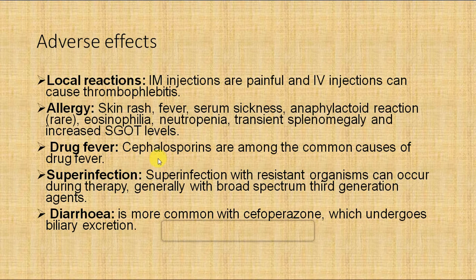Then super infection, this is a common challenge in current world. The super infection with resistant organism can occur during the therapy, generally with broad spectrum and third generation agents, means if you give third generation cephalosporin there is a fair chance of getting super infection. Then diarrhea, it is more common with the cefoperazone which undergoes biliary excretion.